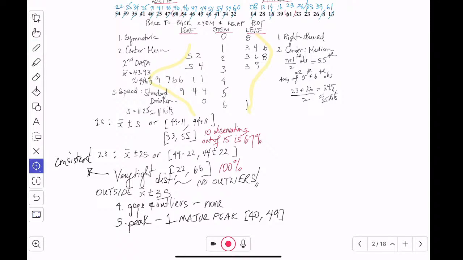There are no curiosities, nothing surprising, no gaps or outliers. No irregularity. Okay?